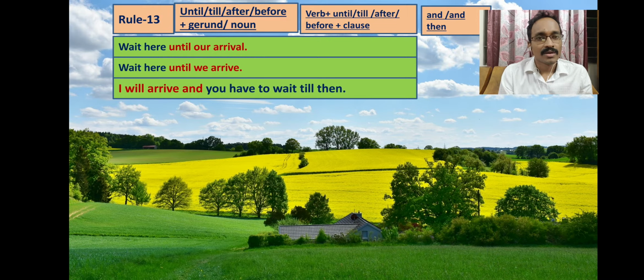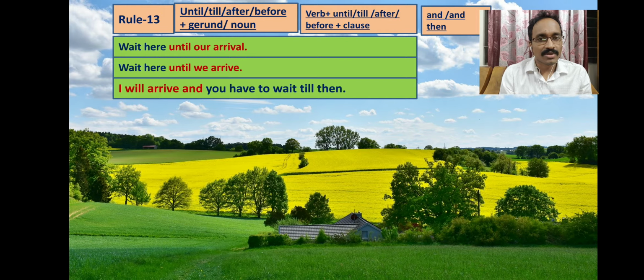You see, we will arrive and you have to wait till then. According to the sequence of tense, you know that in a sentence we can use future tense and present tense, and we can connect them with conjunctions.